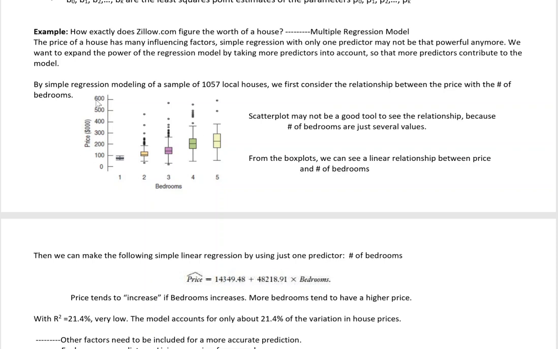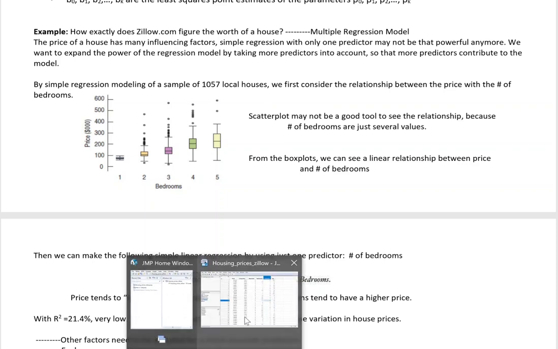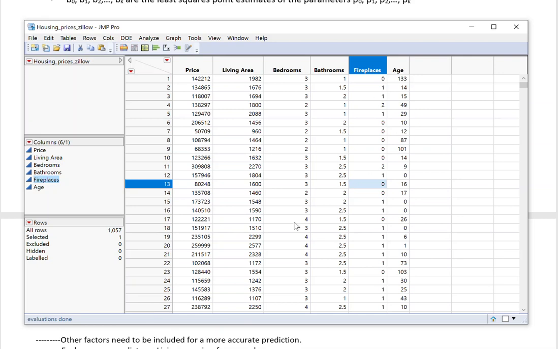So now let's look at what if we just use one explanatory variable to make the simple regression model based on the data. Here I have a sample of 1,057 local houses. Let's look at the data.